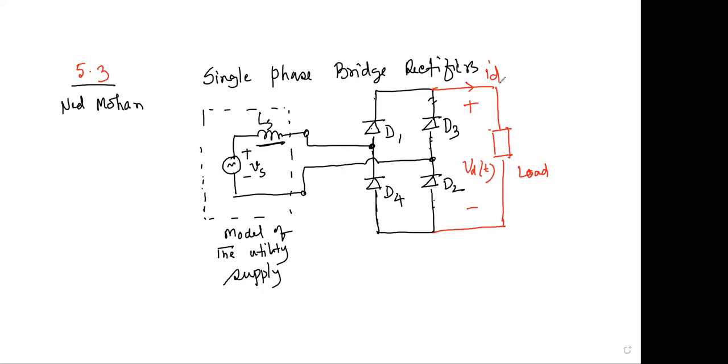Now, if we analyze this, let us start with LS equal to 0. Eventually we'll discuss when LS is not 0, that means LS has a finite value.